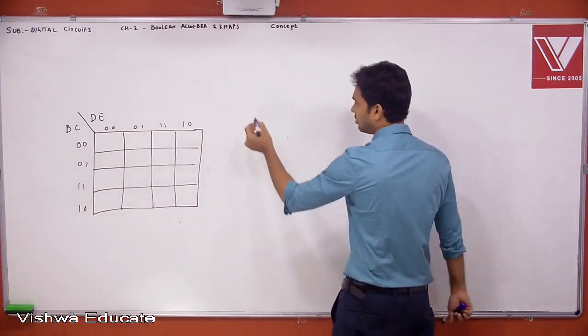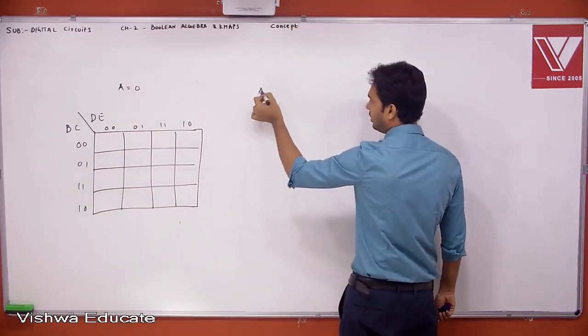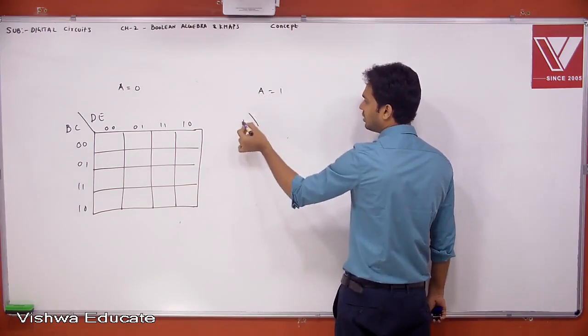And here first time we take A equal to 0 and second we take A equal to 1. Two possibilities we have.